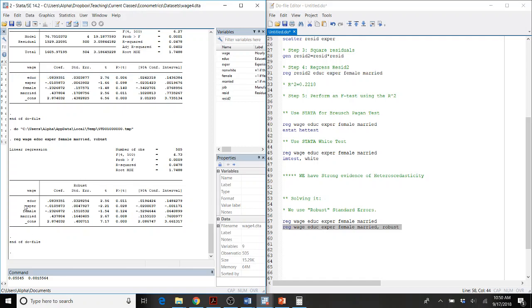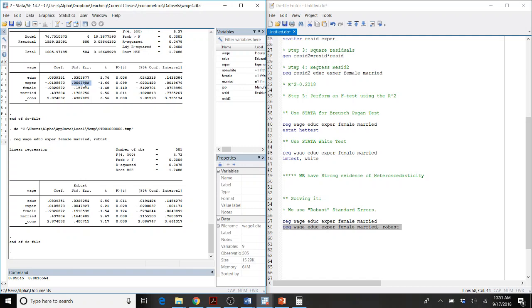Let's look at experience. Again, the coefficients are the same, but now let's look at the standard errors. In this case, the standard error is smaller with robust standard errors than with conventional standard errors. That means, all right, so we know that this standard error is biased. Okay, this one's biased. That means this is biased upwards.